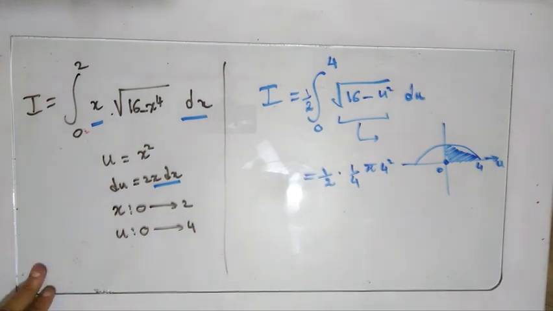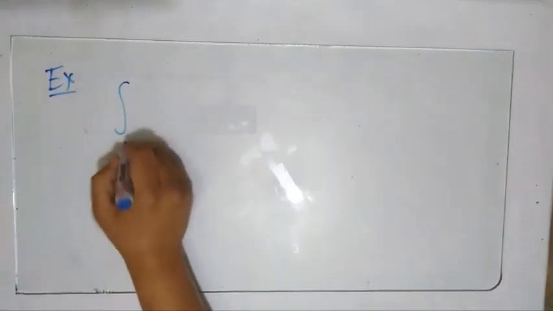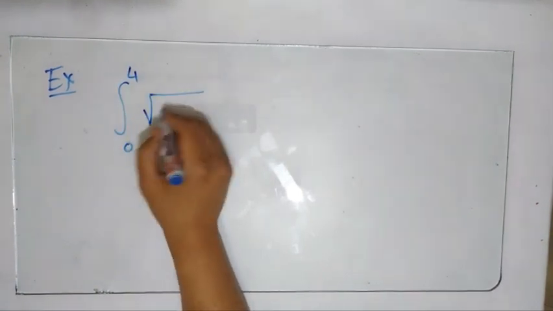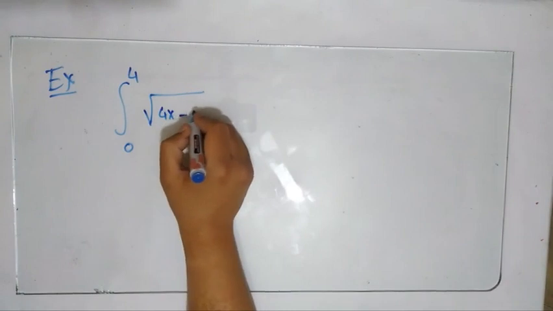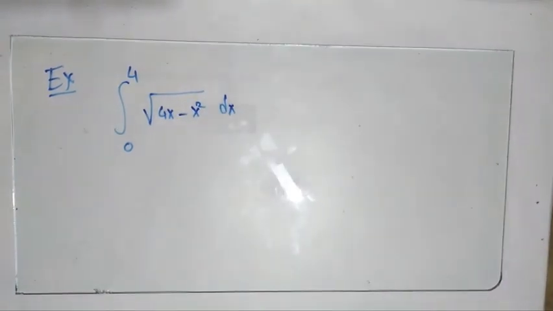Also, let's see another example where we can use the idea of the completion of the square. So another example: the integration from 0 to 4 of the square root of 4x minus x squared dx. Actually, you can use the completion of the square here.